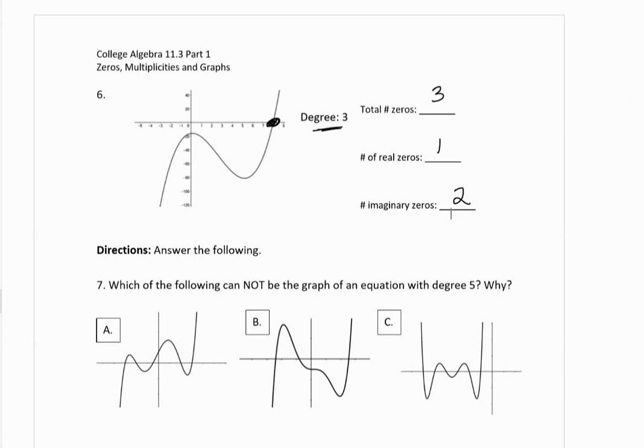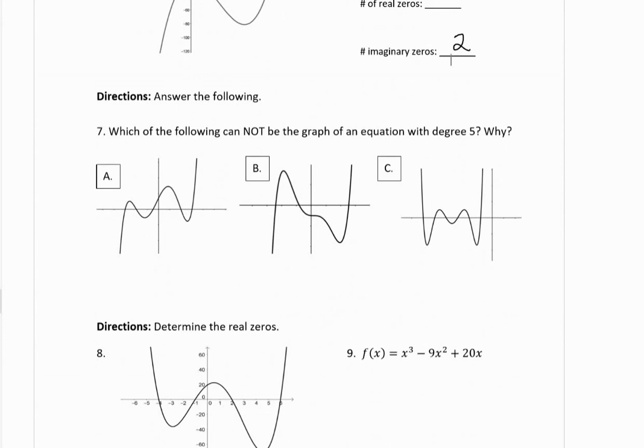Okay, problem 7, which of the following cannot be the graph of an equation with degree 5 and why? Remember that if it has degree 5, it's going to have at most 5 zeros. So on choice A here, I have 1, 2, 3, 4, 5 zeros. Choice B, I have 1, 2, 3 zeros.